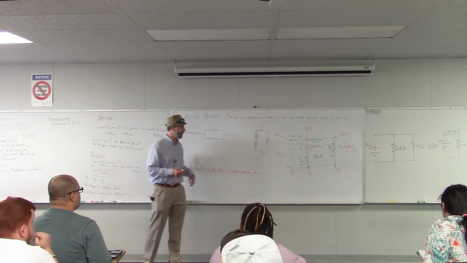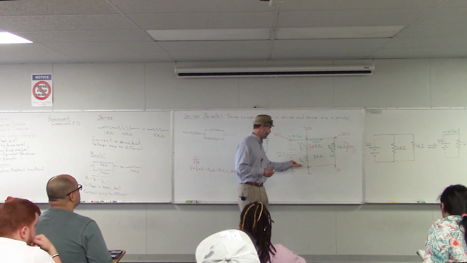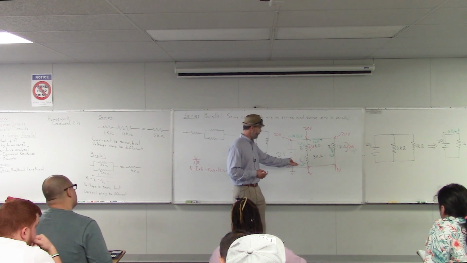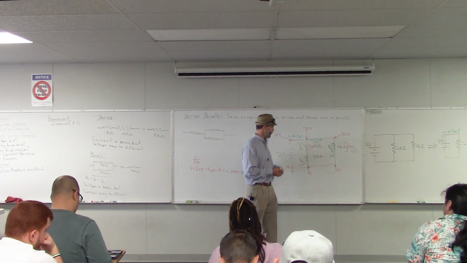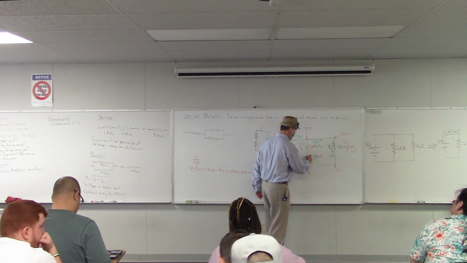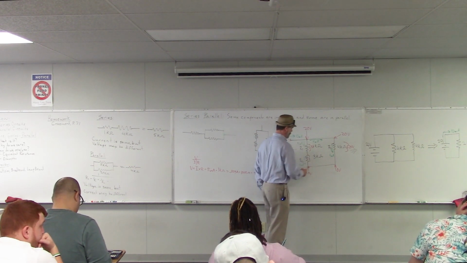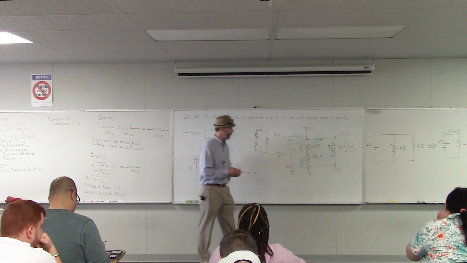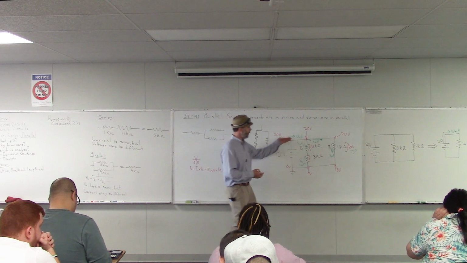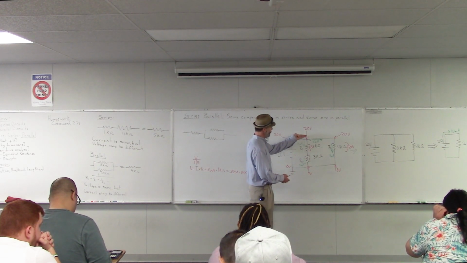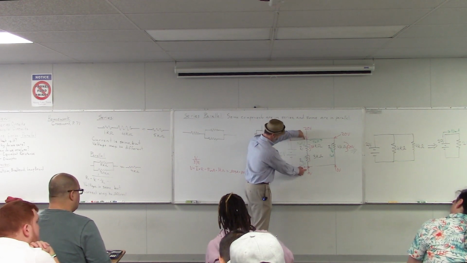So I could do the same thing for R2 and use Ohm's law with 5 milliamps and 3 kilo ohms, and I could calculate the voltage that way. But I could also use another kind of trick here, which is that I know that there's a 20 volt difference from that point down to there.